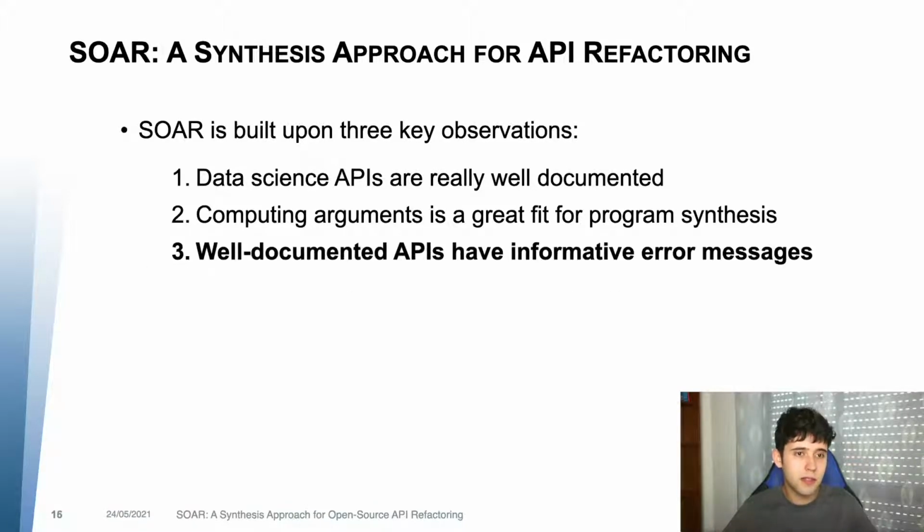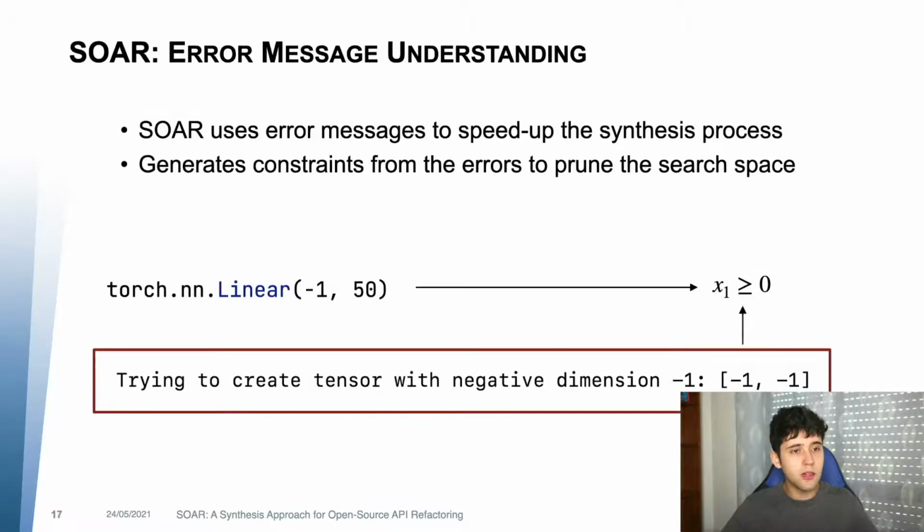Our final key observation is that well-documented APIs usually have informative error messages. So SOAR leverages the error messages generated throughout the synthesis process to add new constraints to the arguments of the refactored APIs. This helps speed up the synthesis process by pruning the search space.